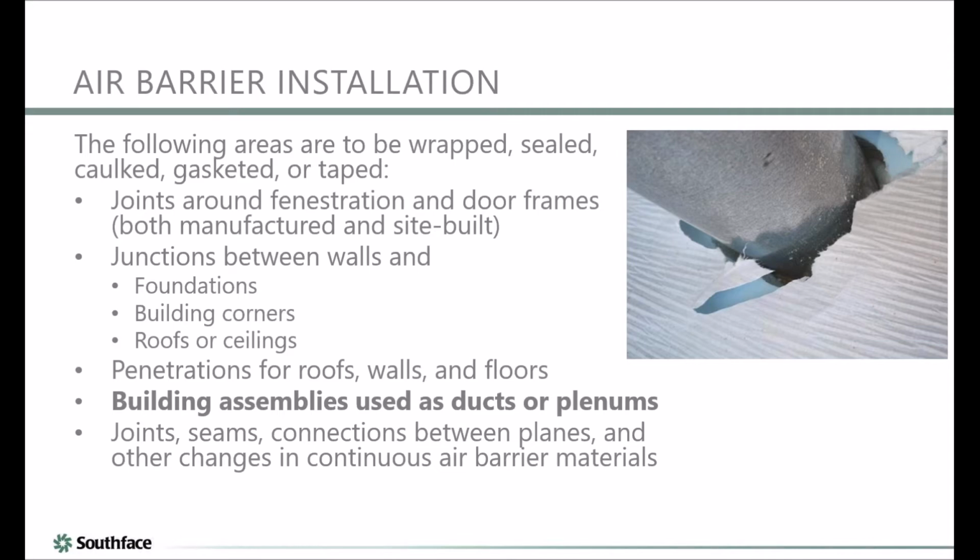We also want to talk about building assemblies used for ducts or plenums, and also anywhere there's a joint, a connection between planes, a seam, or other changes in the continuous air barrier material. I think it's interesting that these are all places that the code explicitly spells out that you need to air seal.